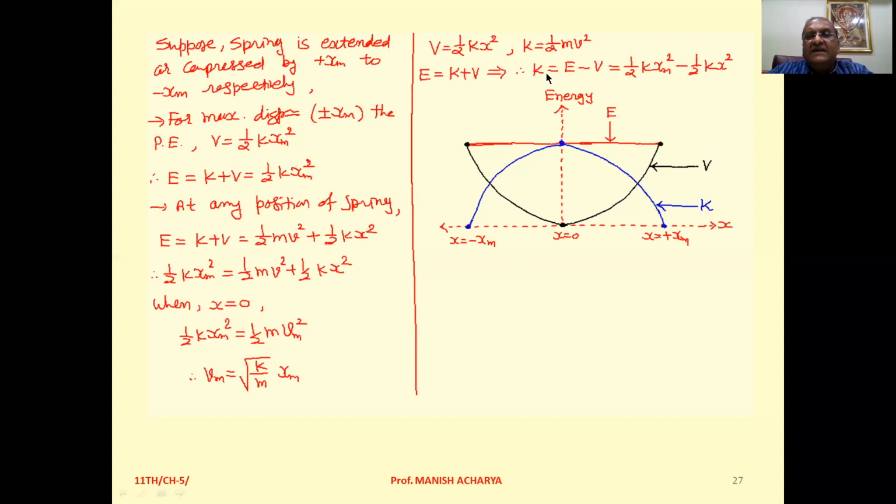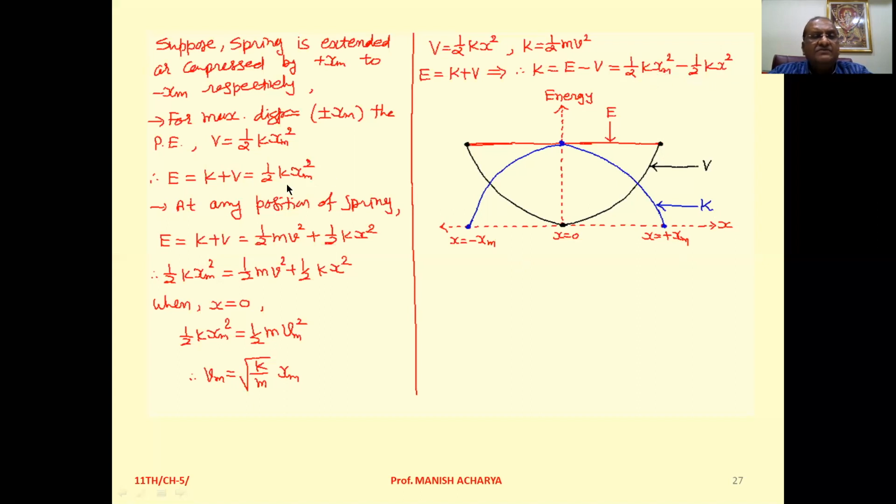Similarly, now for kinetic energy. Kinetic energy is half k xm square minus half k x square. Now in this equation, if you substitute x equal to 0, then kinetic energy equals half k xm square.